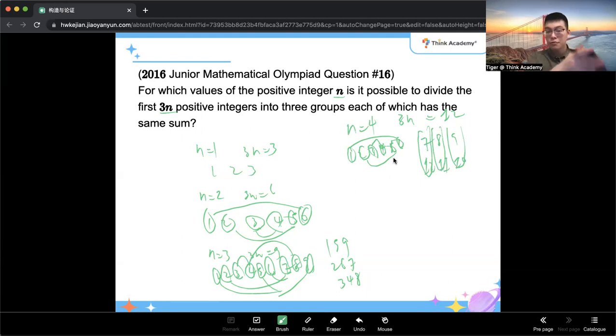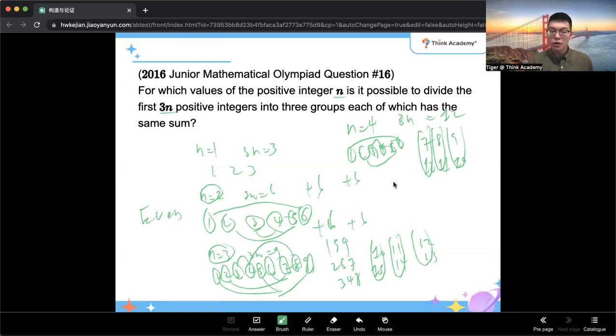And then combining with 1 to 6, of course, I can have 3 groups. And then if n equals 5, I will have 6 more numbers on top of that. I can also group it into 3 groups, right? So every time it's going to be adding 6 numbers to the previous cases, depending on whether n is odd or n is even. When n is even, all of them work. When n is odd, all of them work. So everything works except one. All right.